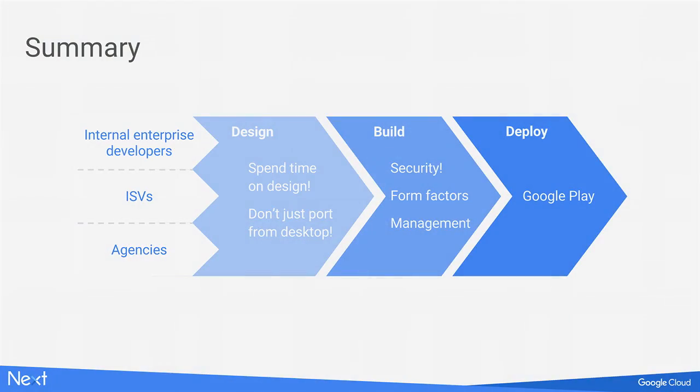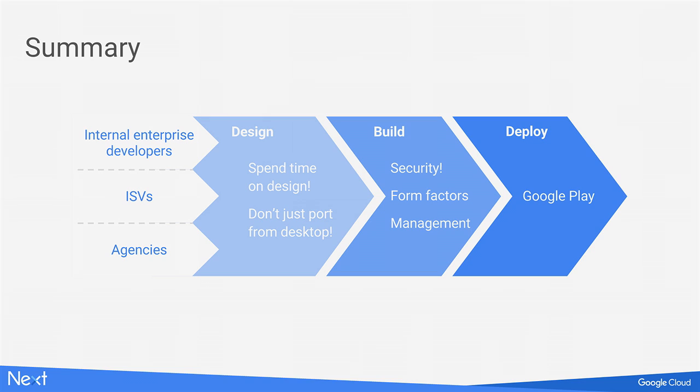So that was a lot of content we've been through, but let me just try and summarize that. I think what we've shown is that Google has a comprehensive set of products, features, and tools to really help you get started with publishing Android apps in the enterprise. Remember to carefully consider your design to make sure that you really do get the best out of your mobile deployments.